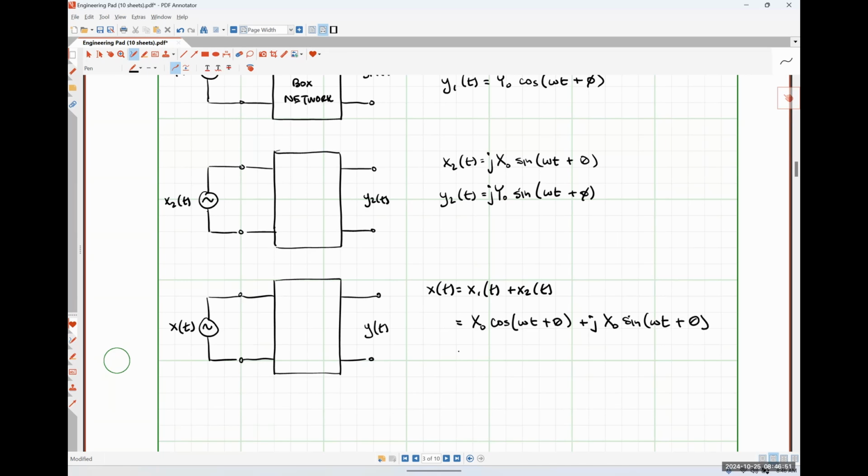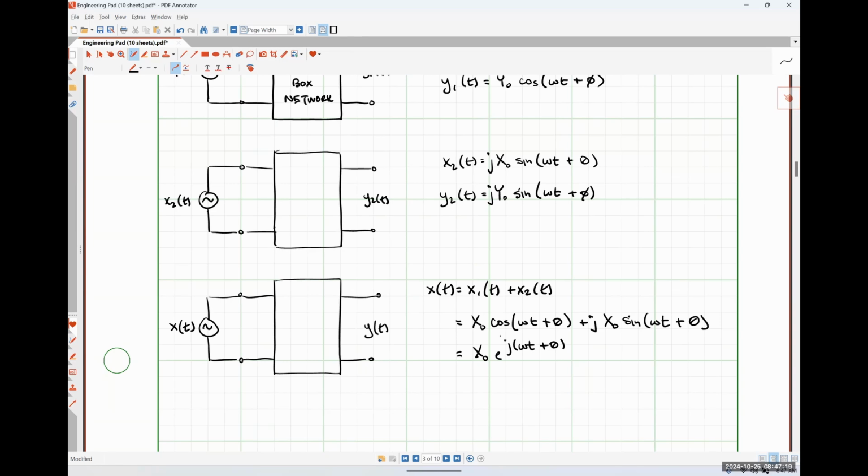And if you remember our trig identity called Euler's identity from last class meeting, that is simply x naught e to the j omega t plus theta. Or if you remember how we convert from rectangular form complex numbers to exponential form complex numbers, it's the exact same relationship.